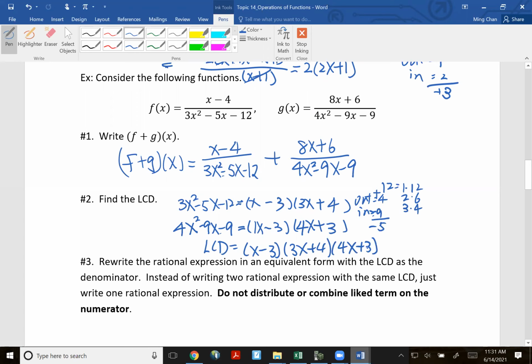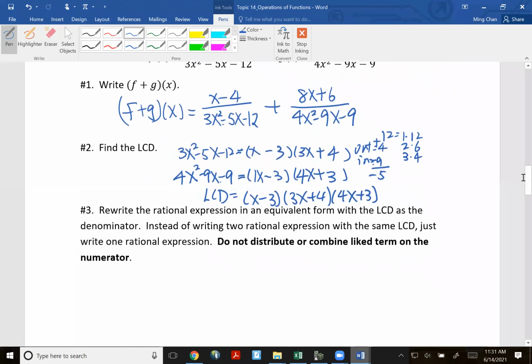All right, so now number 3, we need to rewrite the rational expression in an equivalent form with the LCD. So this goes back to our review. I'm just going to write one big denominator here. Looking at the factored form, remember the 3x minus 5 minus 12 is my first denominator.